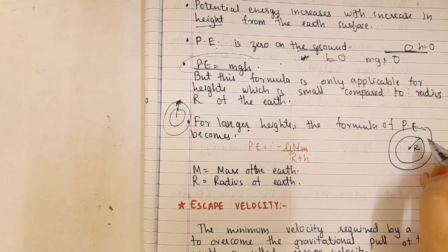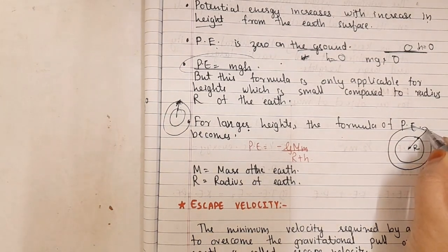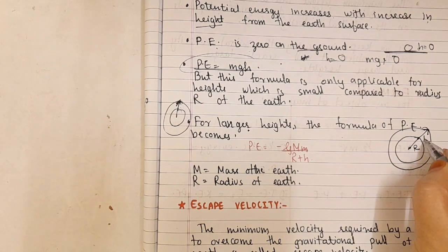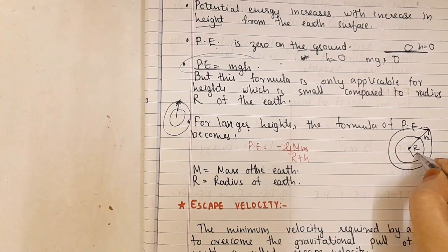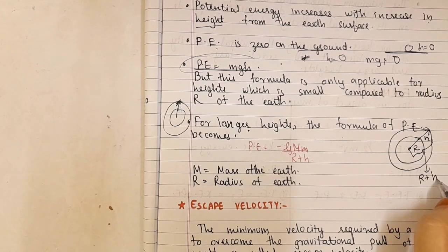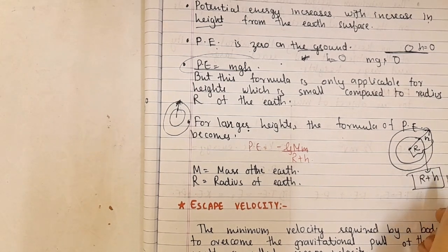But if we have an object at a particular height h from the earth's surface, what will be the total distance, students? It will be r plus h, okay. So this is for the larger distance, okay.